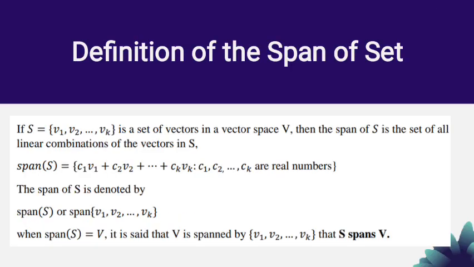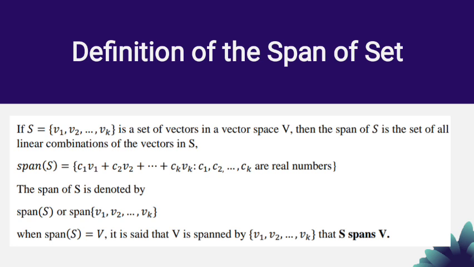So now, let's proceed to the definition of the span of a set. If S equals {v sub 1, v sub 2, all the way through v sub k} is a set of vectors in a vector space V, then the span of S is the set of all linear combinations of the vectors in S. Span of S equals c sub 1 v sub 1 plus c sub 2 v sub 2 plus all the way through c sub k v sub k, where c sub 1, c sub 2, all the way through c sub k are real numbers.